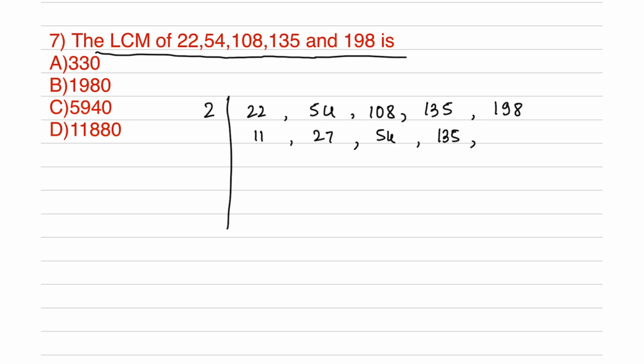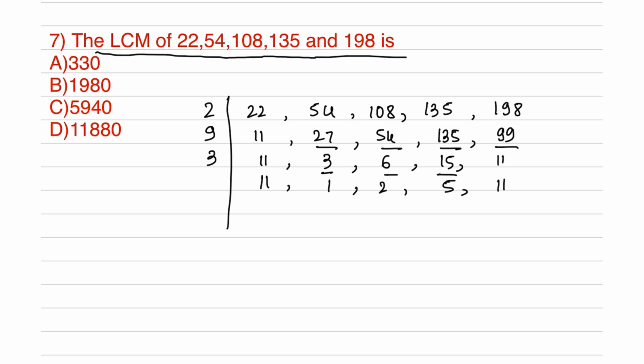Keep it like that only. 99. Here so many numbers are divisible by 9, so take 9. 11 keep it as it is. 9 1s are 9, 6, 9, 15, 9, 11. Now take 3. These are divisible by 3. 11 as it is. 1, 2, 5, and 11. So lastly take 11: 1, 2, 5.